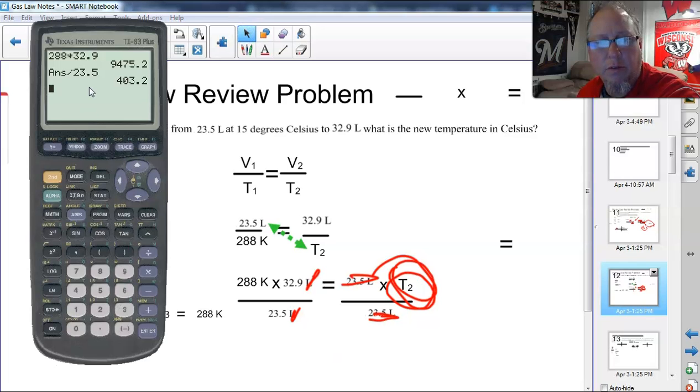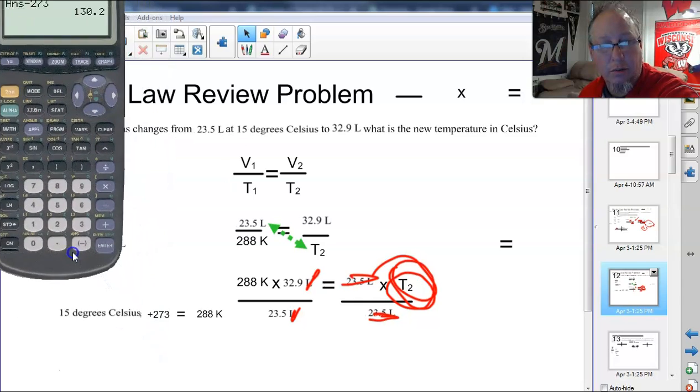So it was 403.2 kelvins, which means to get it back to a Celsius temperature, I'm going to have to subtract 273. And when I do that, I get 130.2 as my final answer. Looking at significant digits, I got 3 significant digits here.